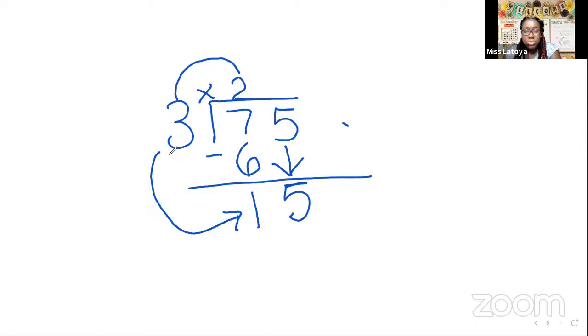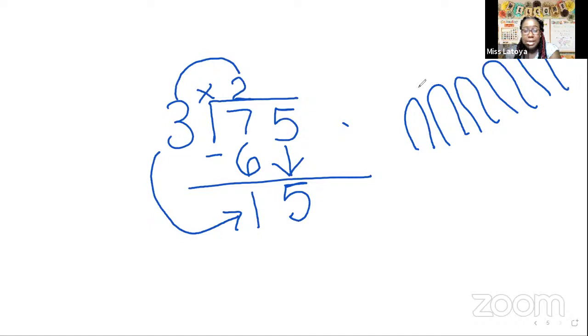We are going to count in threes until we get to 15 using our fingers. 3, 6, 9, 12, 15. How much fingers do we have up? 1, 2, 3, 4, 5. So 3 can go into 15 5 times. 3 5s are 15.